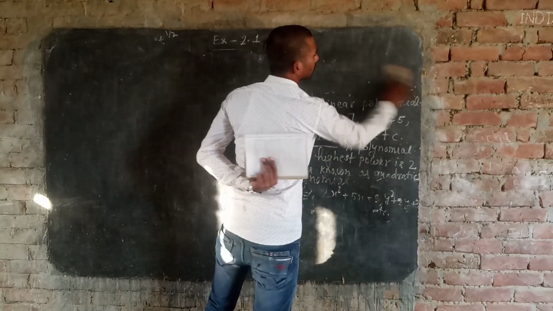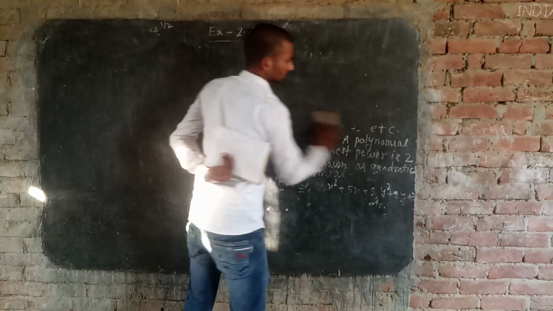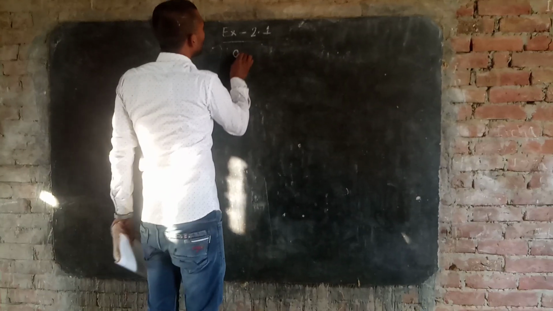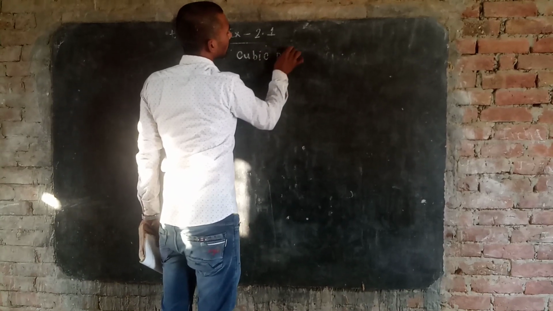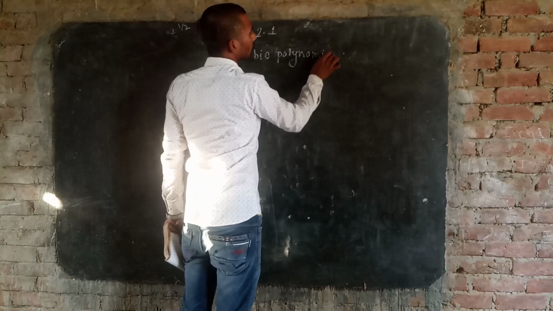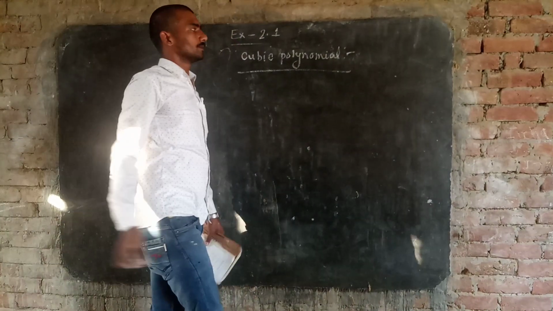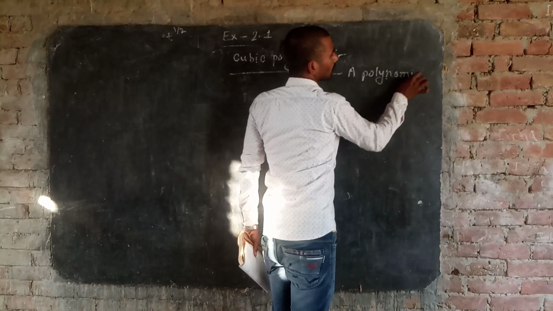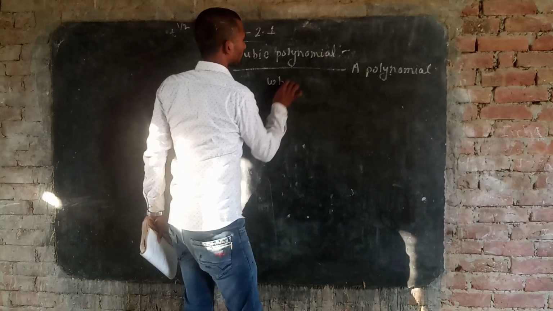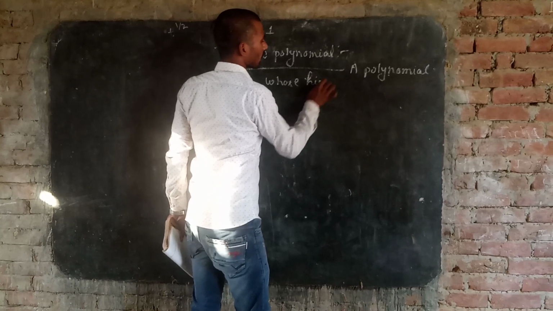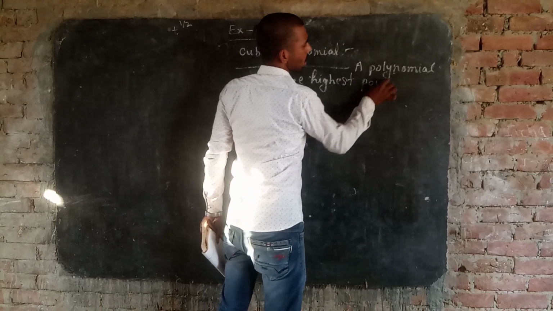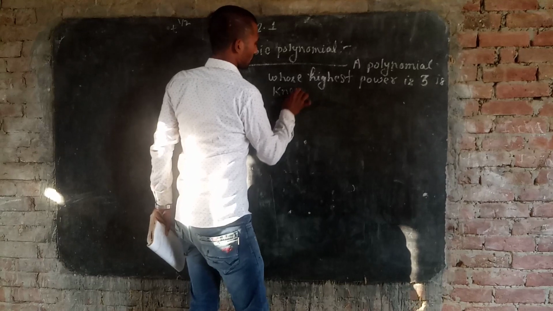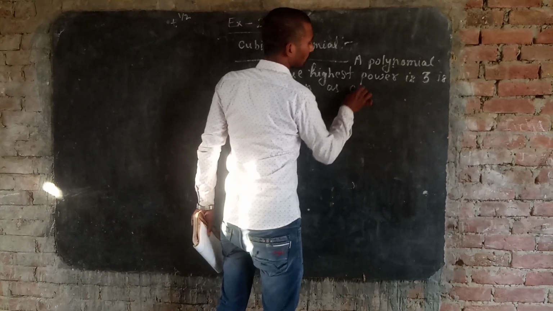And the cubic polynomial. A polynomial whose highest power is 3 is known as a cubic polynomial.